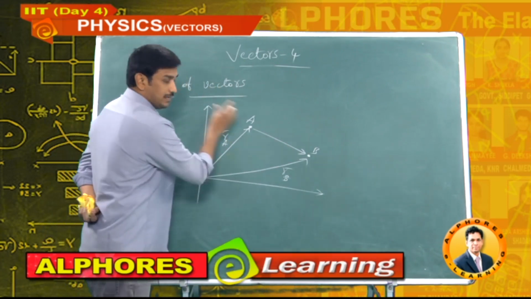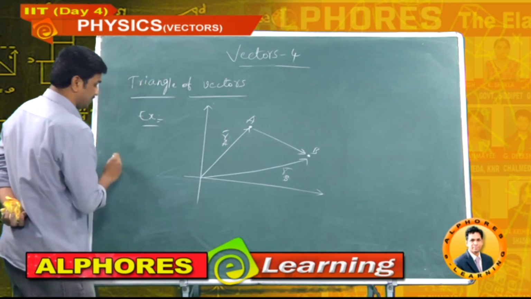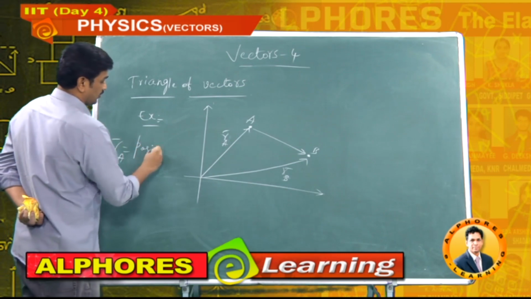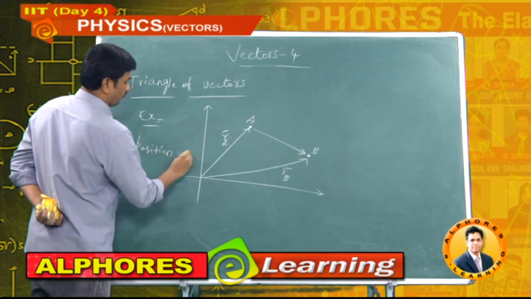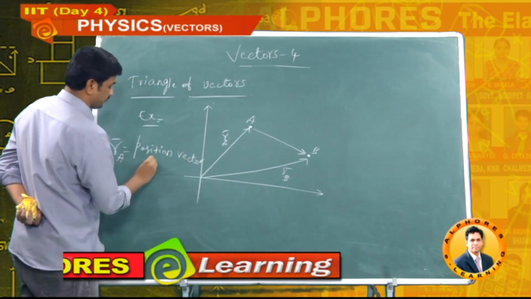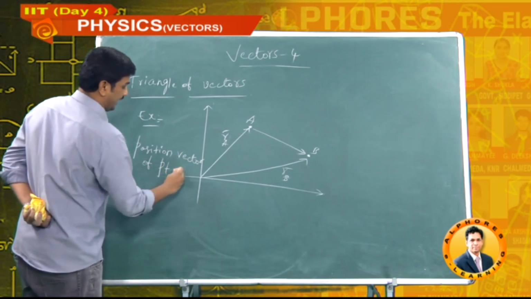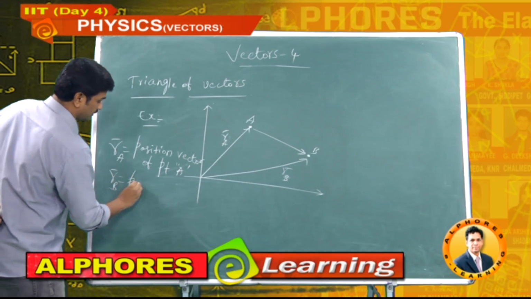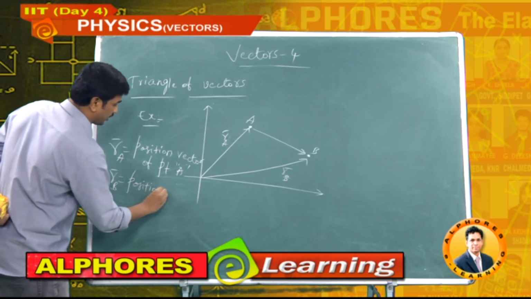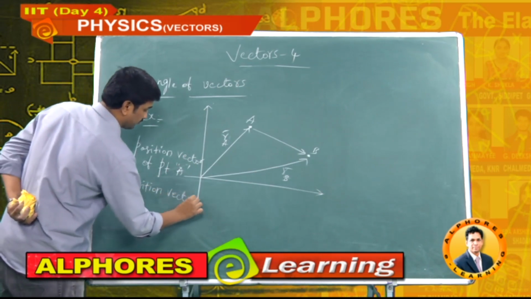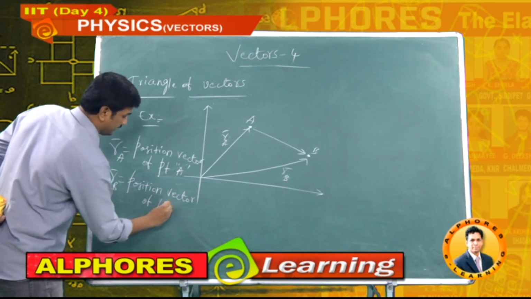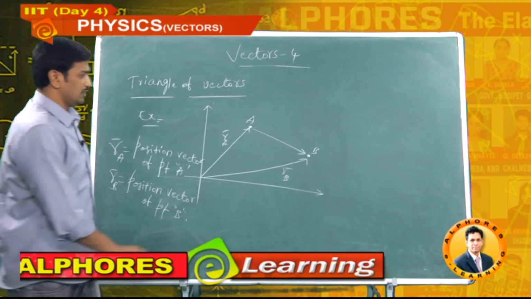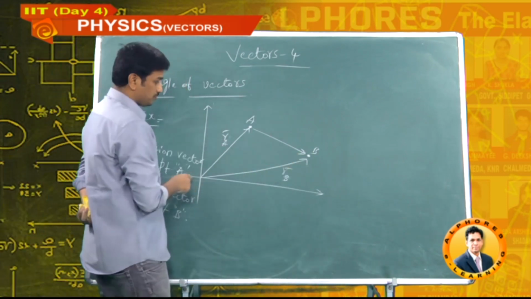How to calculate AB? Now I will write here RA bar, the position vector of point A. What is RB bar? The position vector of point B. Here, can you see a triangle?